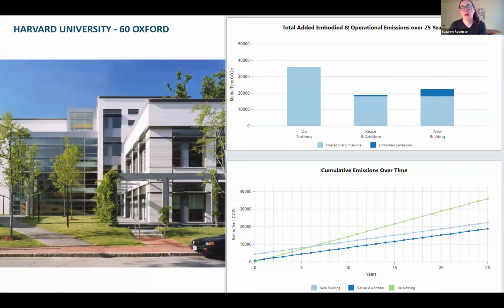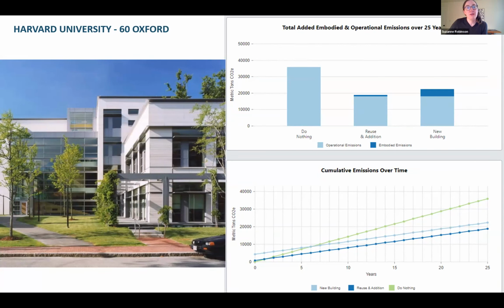So we're targeting a 50% reduction off of a typical baseline for the operational energy. And then for the embodied carbon, we aren't touching the envelope. There isn't any upgrading that's occurring currently, I believe, in this scenario that we're looking at. And so what you can see here is if we don't do anything, it has total metric ton CO2 up here.